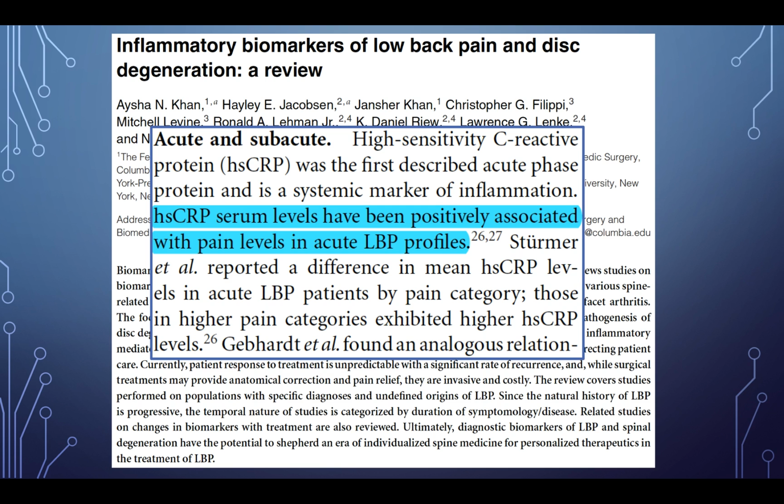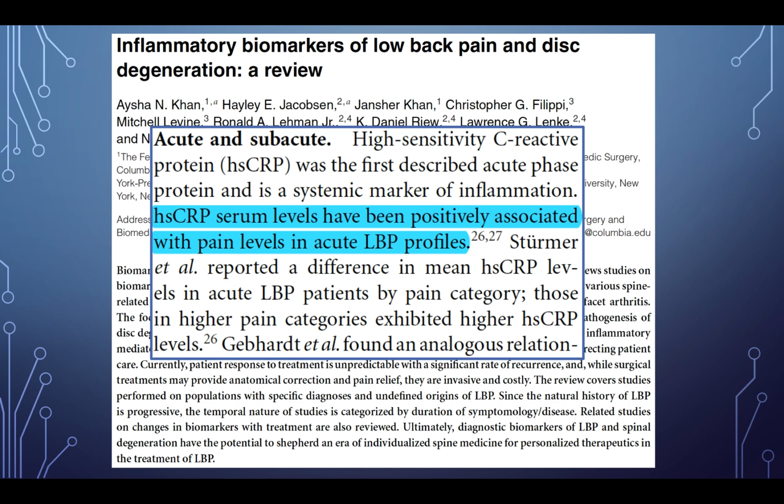So for acute and subacute low back pain patients, high sensitivity C-reactive protein, HSCRP, was the first described acute phase protein and is a systemic marker of inflammation. HSCRP serum levels have been positively associated with pain levels in acute low back pain patients. So acute low back pain, increased CRP.